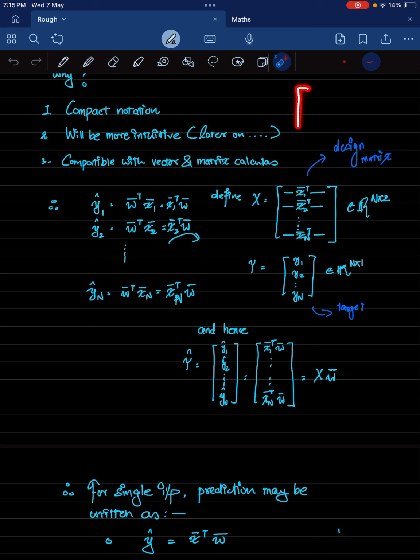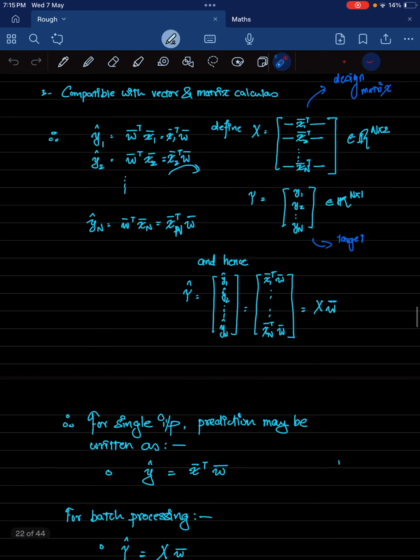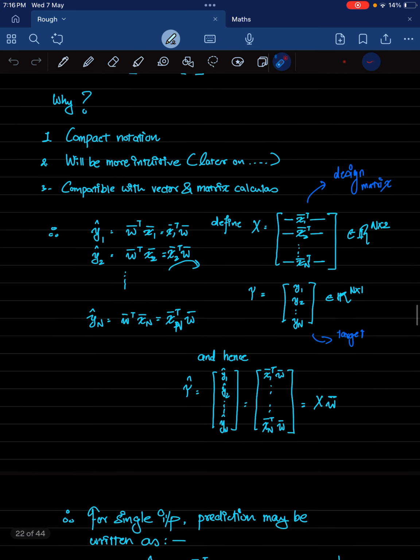So my design matrix will look something like this: 1x1, 1x2, all the way to 1xn. It will be an n cross 2 matrix, and in that each row is one of your input feature vectors. Similarly, I can define a target matrix as well, in which each row is your target, that is the y value that you want to find.